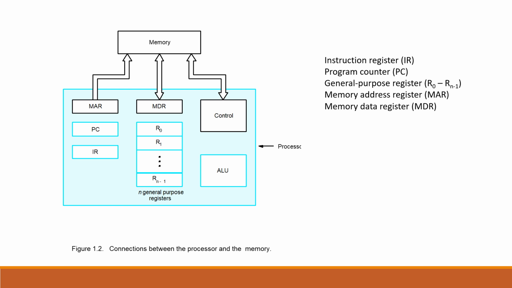The other registers, MAR, the memory address register, and MDR, the memory data register, are used for the communication with the memory. What is the operation of MAR? The MAR will hold the address of the location which is to be accessed, and the MDR will contain the data to be written, or the data which is read out of the addressed location.